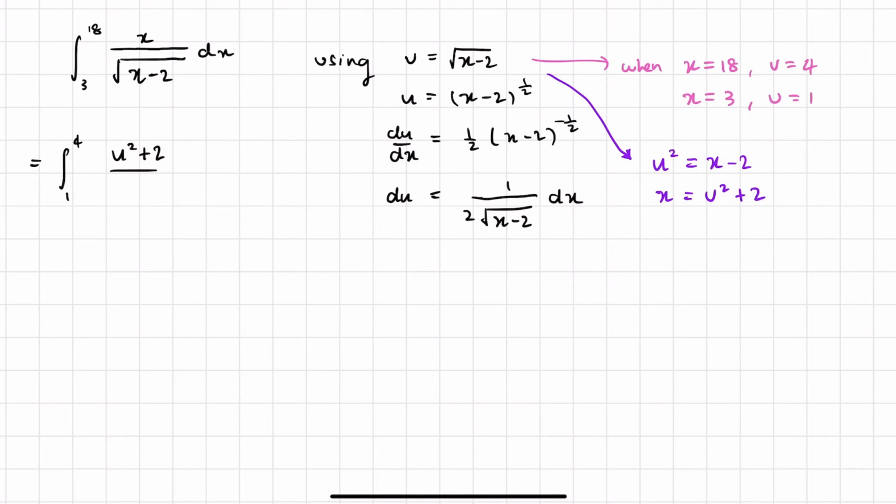This one is just u on the bottom. And for d, oh, actually, we shouldn't do that because we already have this bit and dx, and we've got the dx here as well.